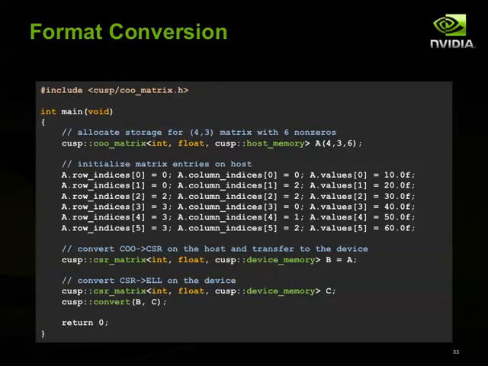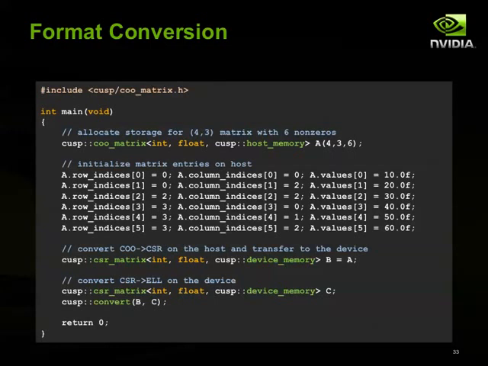So you can convert between any 2 formats automatically. In this case, we did a host to device copy and a conversion at the same time. So it'll convert on the host and then copy to the device. There are actually device versions of all these conversion routines too, which are quite a bit faster.